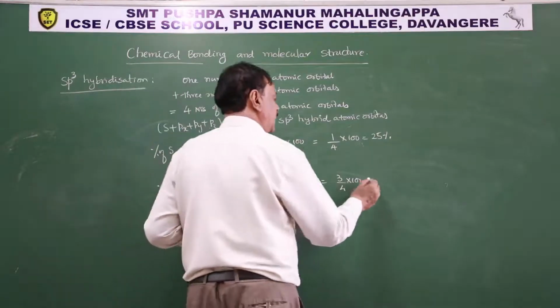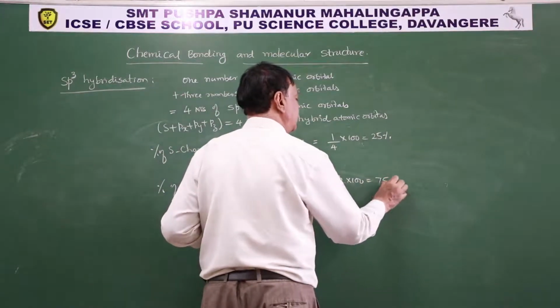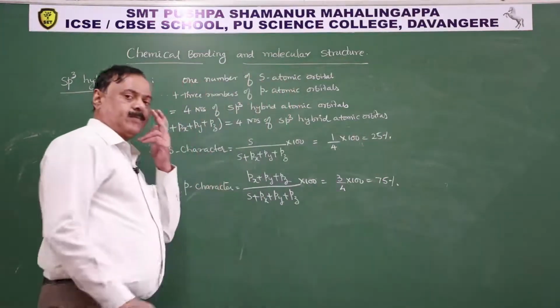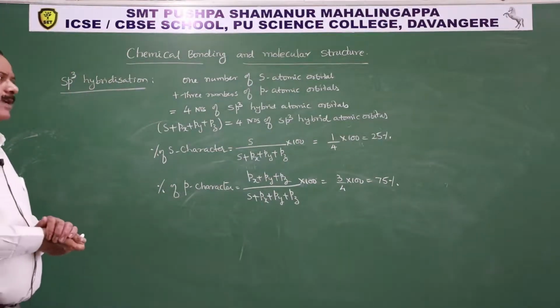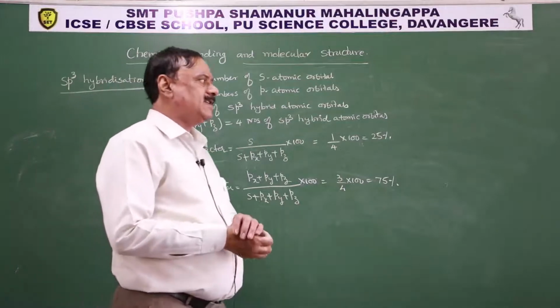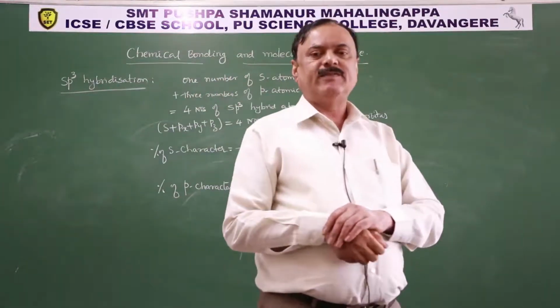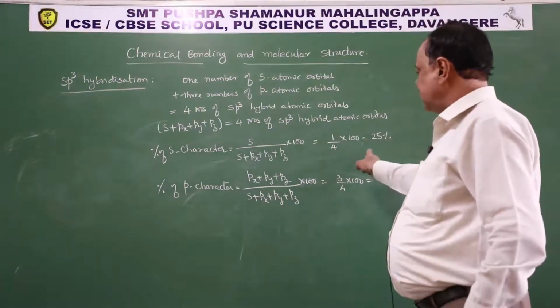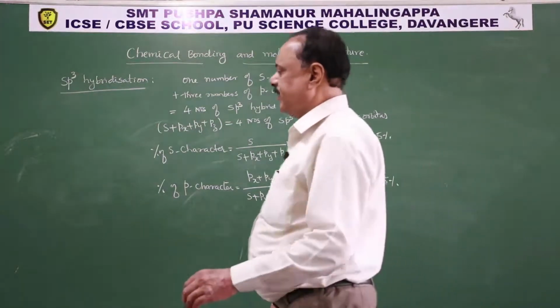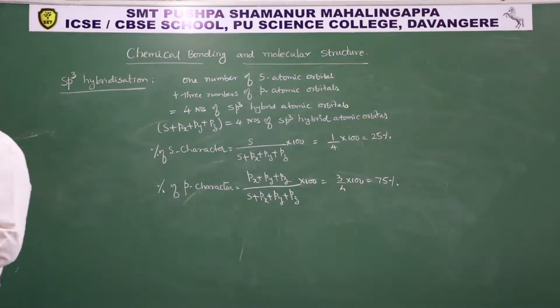That is 75% p character. Therefore, in sp3 hybrid atomic orbitals, we have 25% s character and 75% p character.